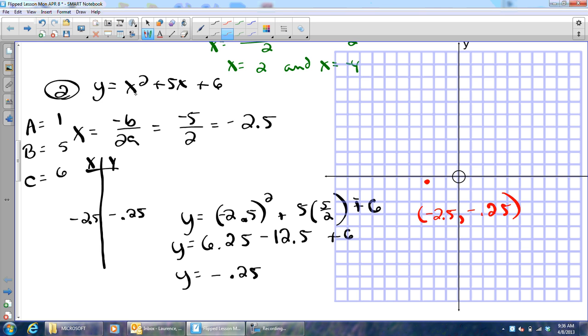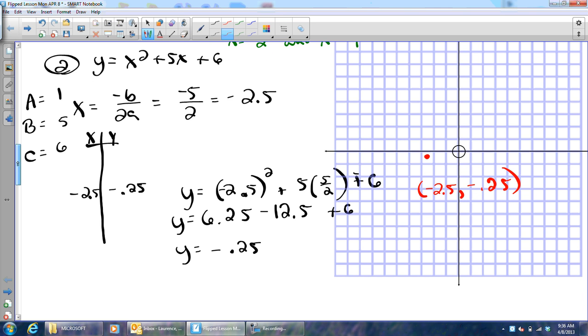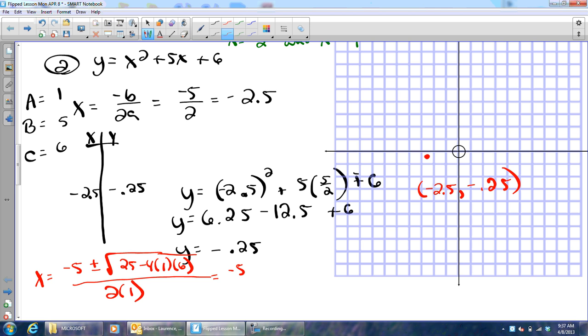All right, now I can use the quadratic formula. x equals negative b plus or minus the square root of b squared minus 4ac, all over 2a. And I took a shortcut and just squared that right there. So if I simplify that, negative 5 plus or minus square root of 25 minus 24, over 2. So I'm going to get negative 5 plus or minus square root of 1, over 2.